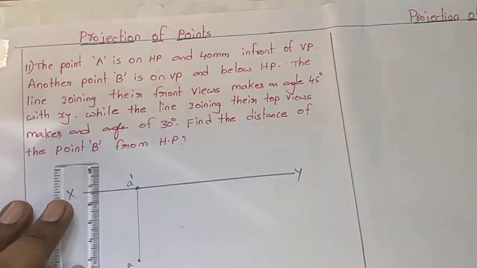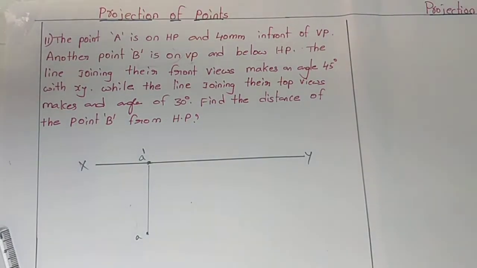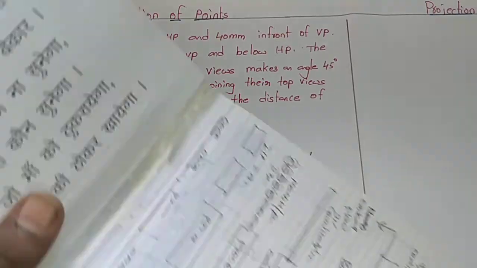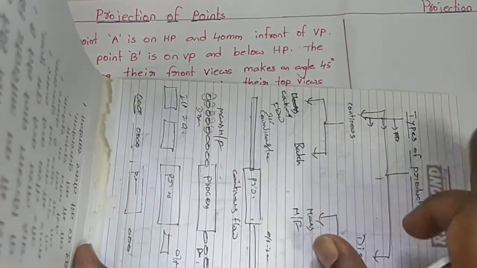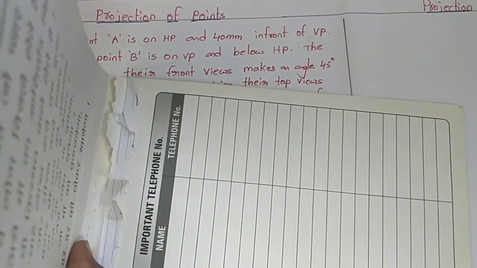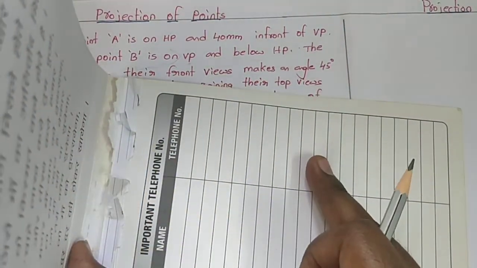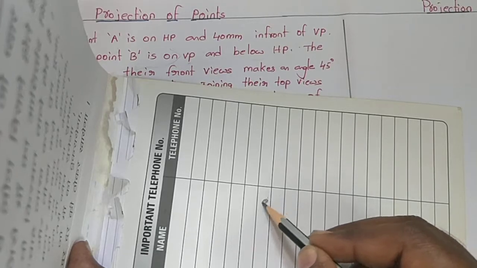Suppose this is the vertical plane and this one is the horizontal plane, so the point is on HP.